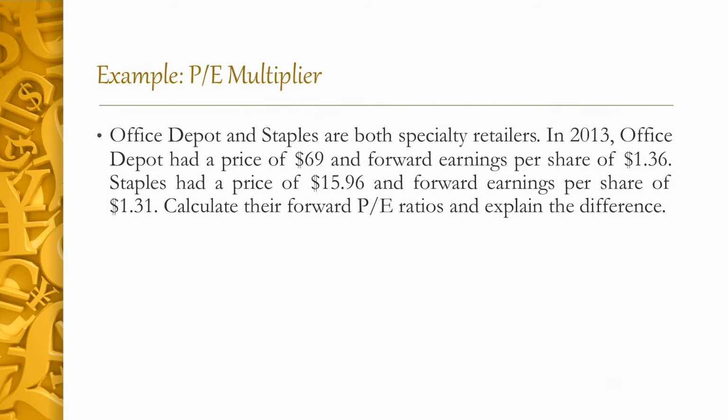Staples had a price of $15.96 and forward earnings per share of $1.31. Calculate their forward P/E ratios and explain the differences. To calculate the forward P/E ratio, we just divide the price by the expected earnings.